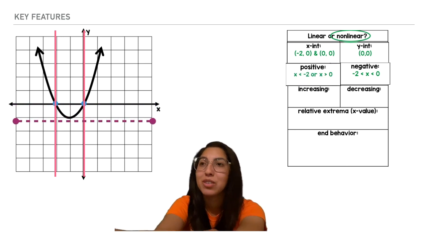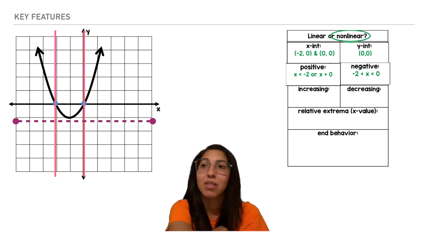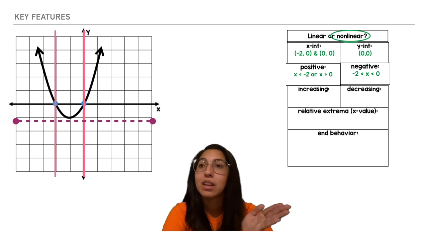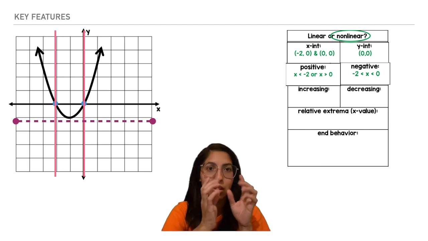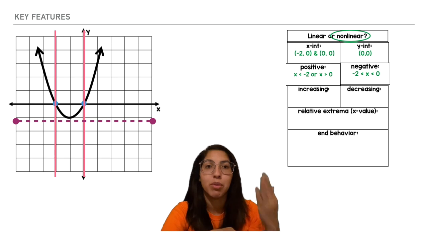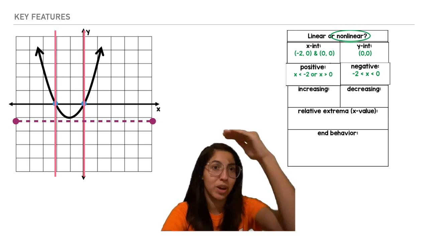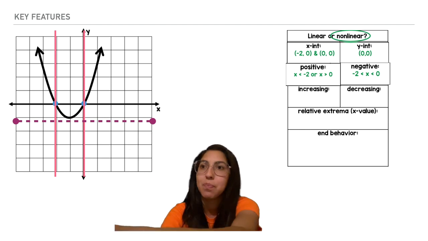Okay, so my graph is only positive when x is less than -2 or x is greater than 0, and my graph is negative when -2 is less than x less than 0. So between -2 and 0, the graph is negative, that little curve, and before -2 and after 0, the graph is positive. All those y values are positive.